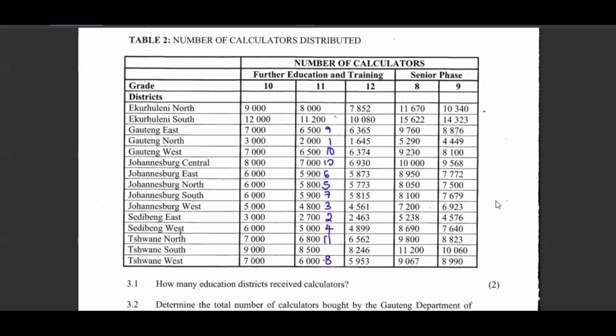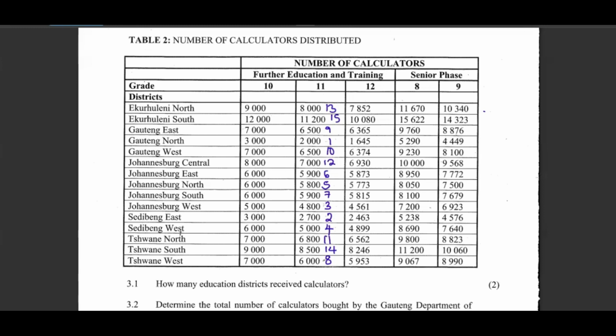This will be 12, 13, 14. This is 15. So in that order, it's easy for us now to arrange.